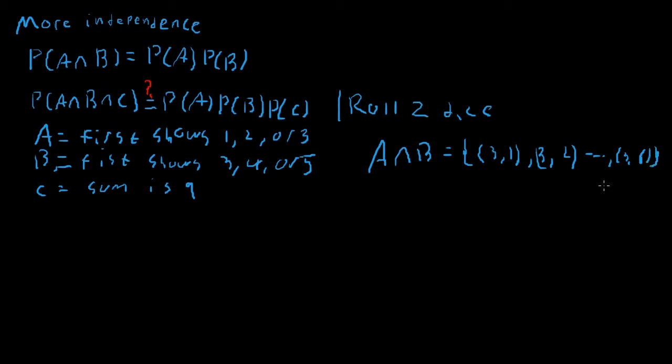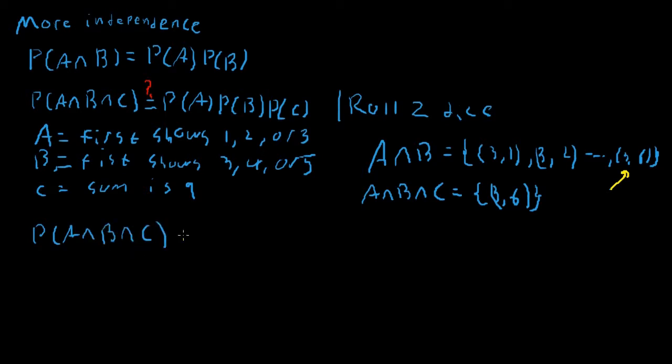But only one of these, namely this guy, has a sum of 9. So A intersection B intersection C is equal to 3,6. And the probability of this, P of A intersection B intersection C, is equal to 1 over 36.